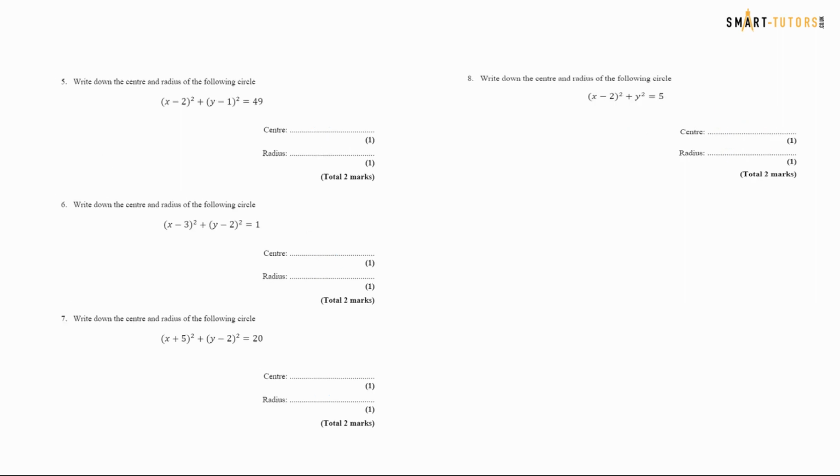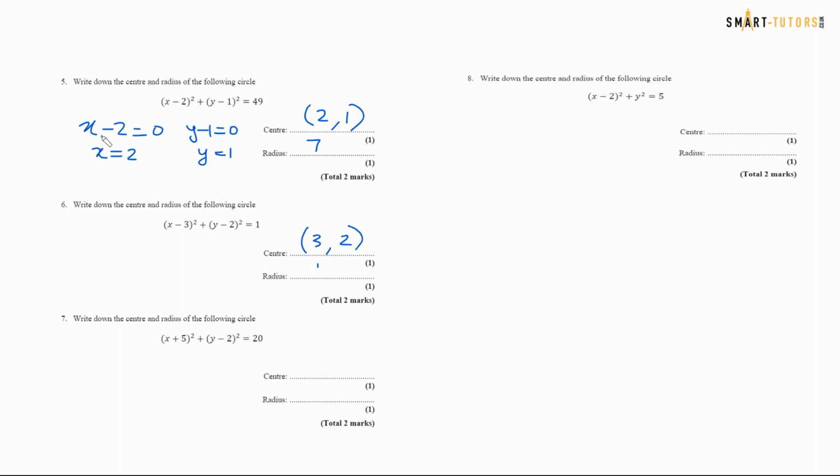Question number 5. Write down the center and the radius of the circle. We are going to do the same method. X minus 2 equals 0, so you will find x equals 2, and y minus 1 equals 0, so y equals 1. The center is 2, 1 and the radius is the square root of 49, which is 7. Now we can do some mental maths. Question number 6: x minus 3 equals 0, x equals 3 and y equals 2.